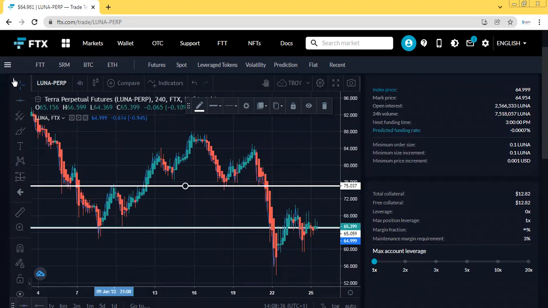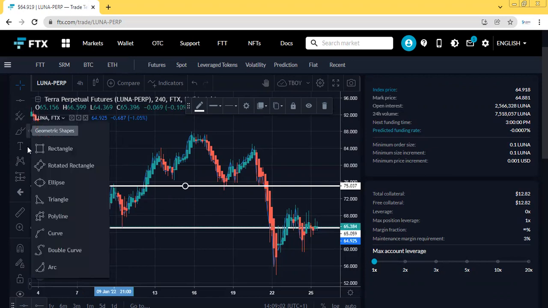What is a limit order? A limit order is an order you place below the market price. As this trade is moving like this, you place your limit order below this place.